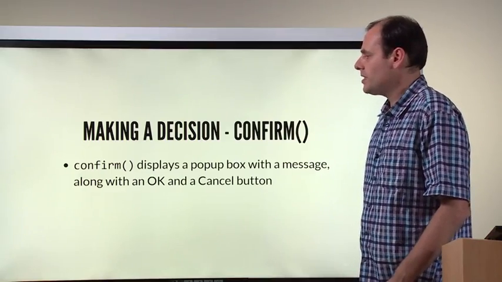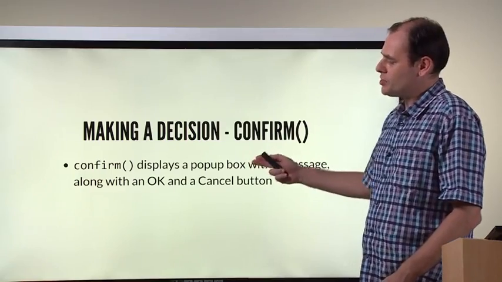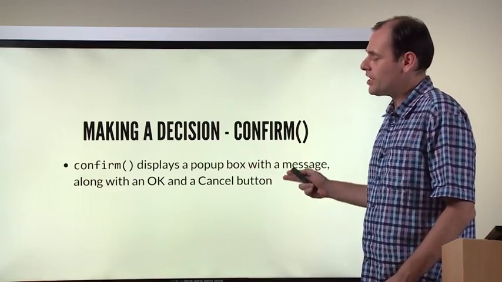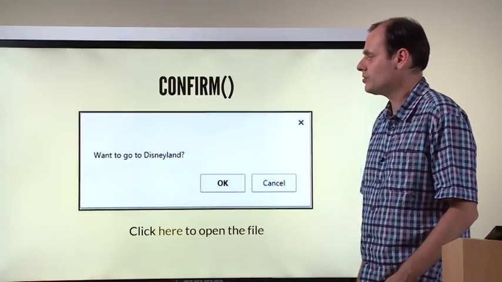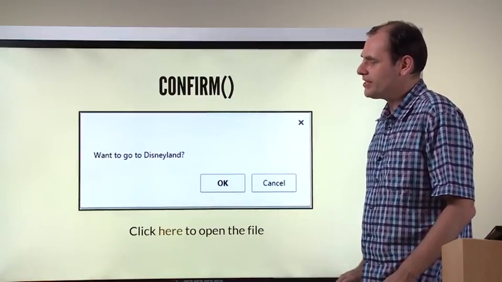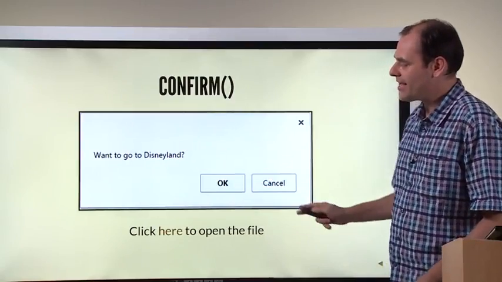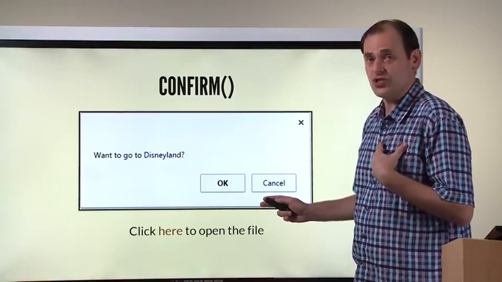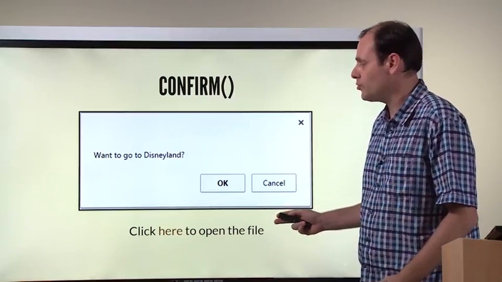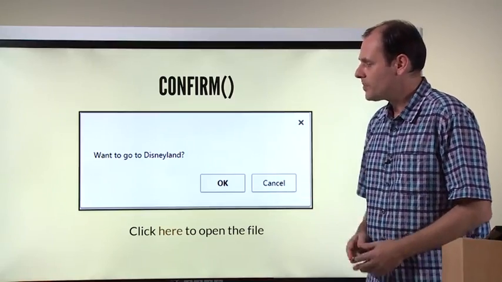All right, let's look at confirm. Pretty simple again, it displays a pop-up box, but this time you get a chance to make some kind of decision, OK and cancel. Typical example looks like this, some kind of message, OK, cancel. So now the user can make a decision and your code can react appropriately. Let's try this one.